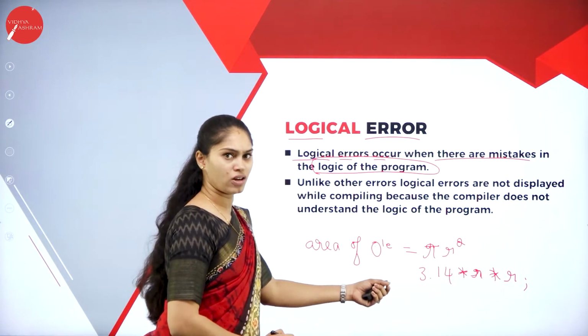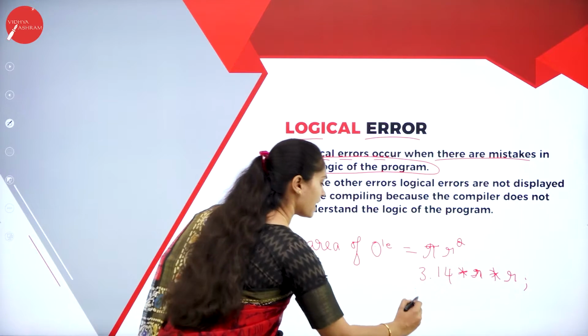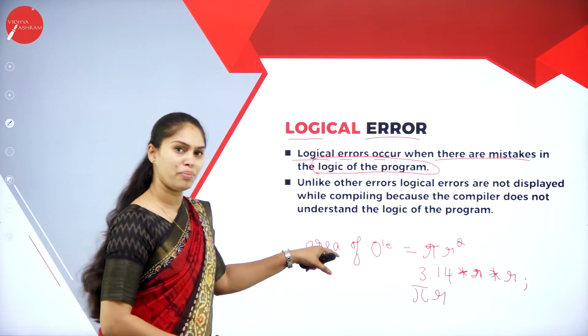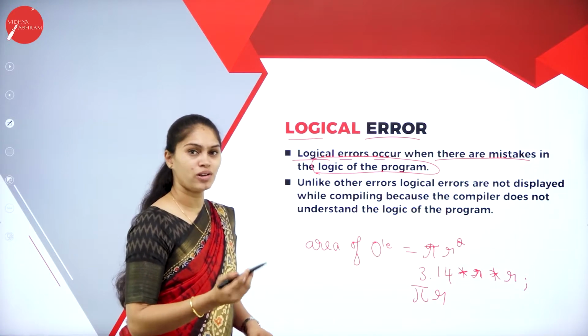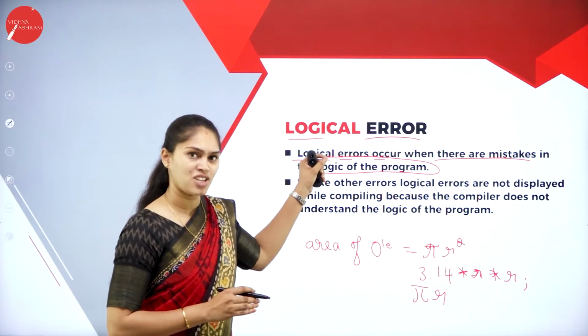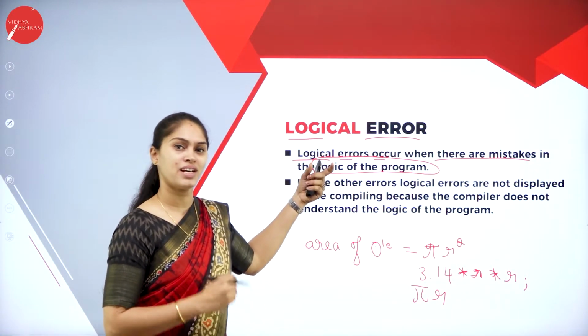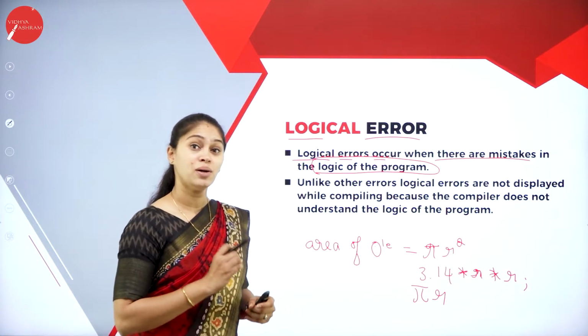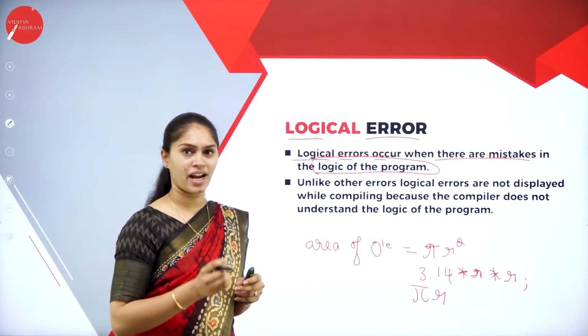This is the proper logic. Instead of that, if I take only pi r, will it give me the proper area of a circle? No. But who will give this error? None. At compilation time or even at run time, we do not get to know this is an error, but we do not get the proper output.